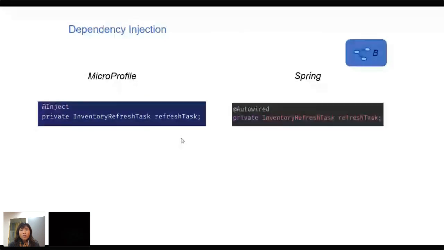However, @Autowired is used more than @Inject. Most Spring developers are familiar with @Autowired. Whenever you see @Autowired, if you want to think about it in the MicroProfile context, you will translate it to @Inject. Next, please.